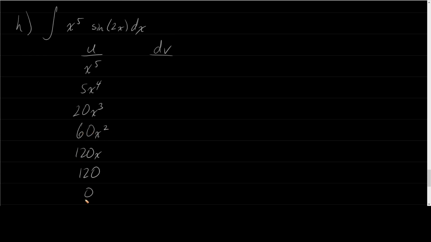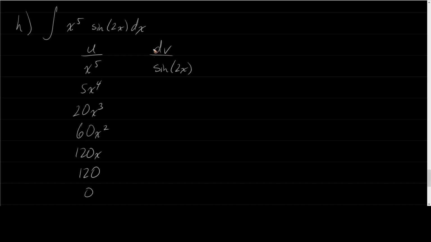This is an example of a terminating derivative, since if I take enough derivatives, it goes away. And if that's our u, then our dv is the rest of it, which is sine of 2x.